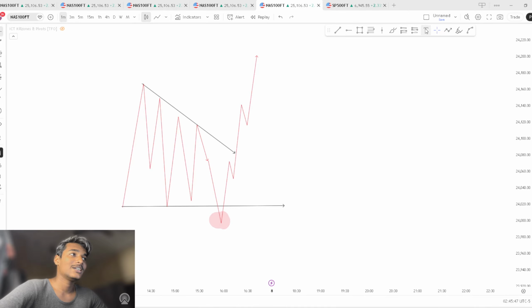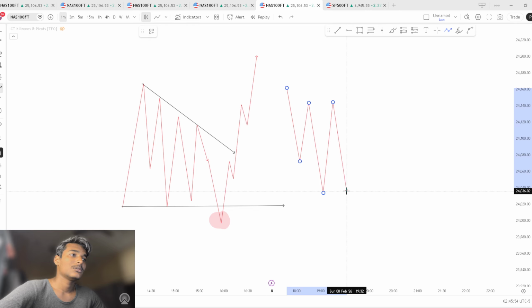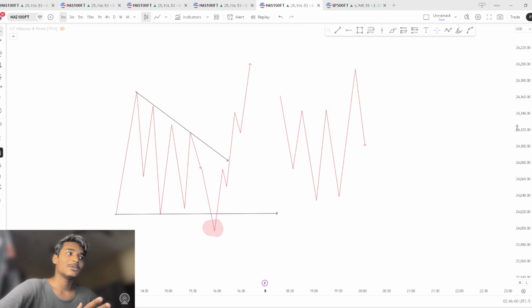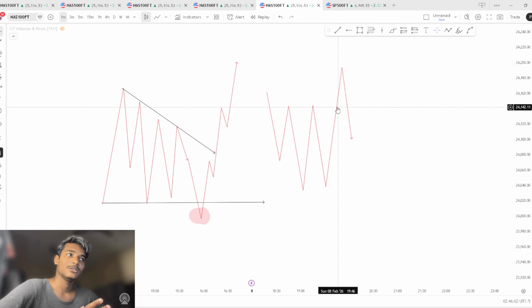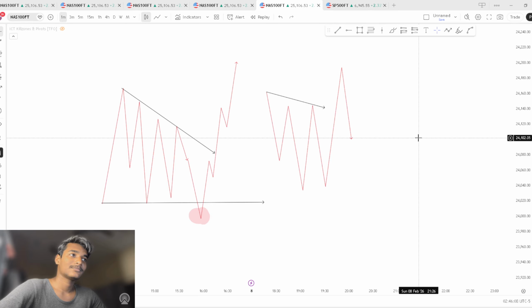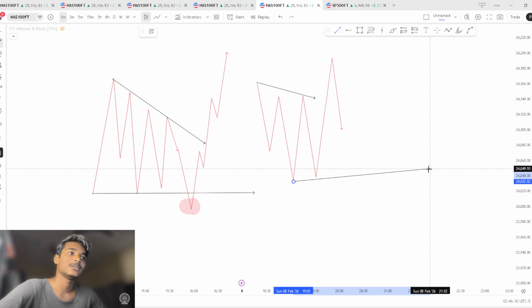And if the market did something like this, now if your bias is bullish, you don't want to take shorts. We can see that the market has some liquidity here and some liquidity here.